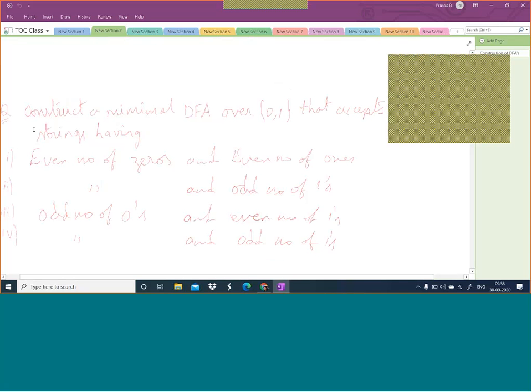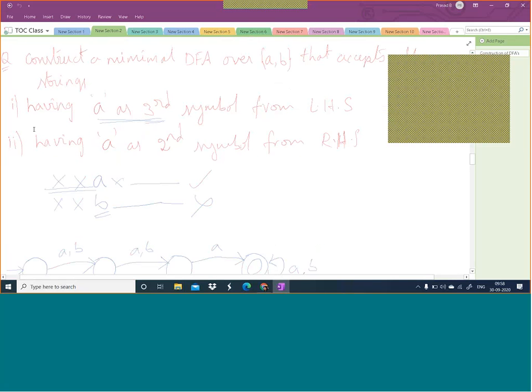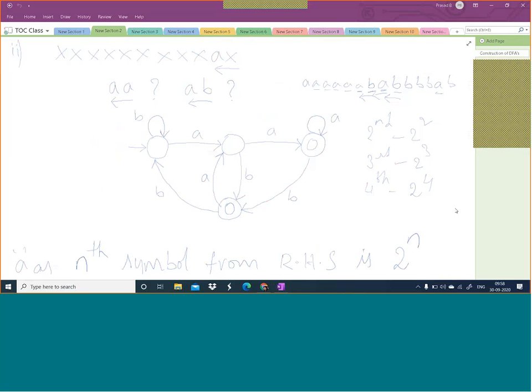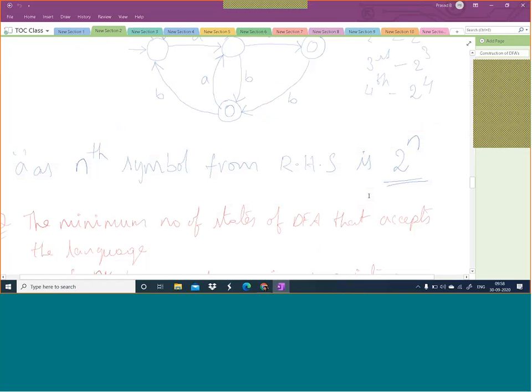This one is for AB, and this is A as the symbol from RHS, 2 power n states. You may not understand this completely, because I didn't write everything. I wrote some parts, and I actually dictated something.